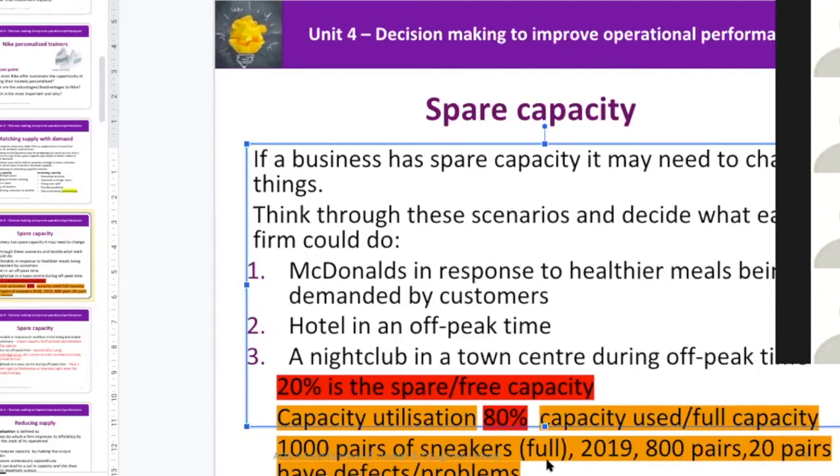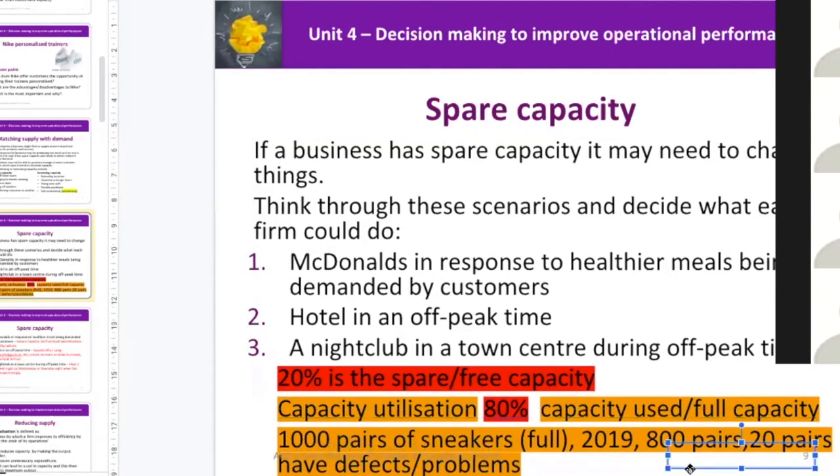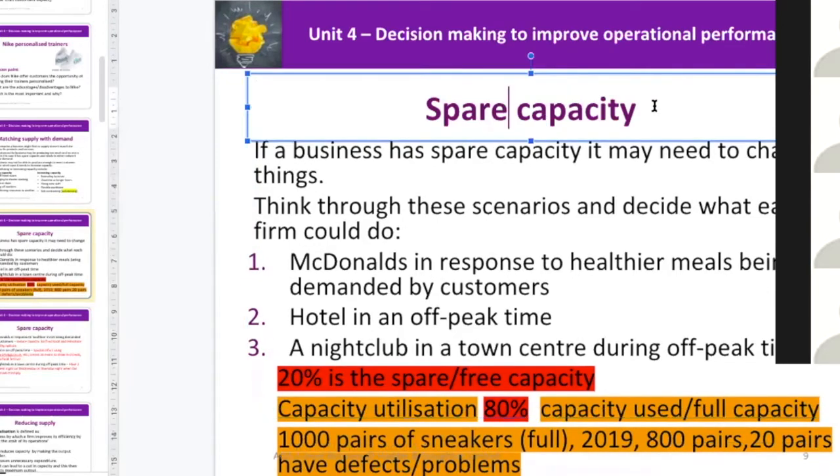Now if we have spare capacity, we can use this 20% to quickly replace, to produce another 20 pairs to make sure there's no problems with our product. Because if these 20 pairs go to the customers, the reputation will be damaged. So this is our buffer.